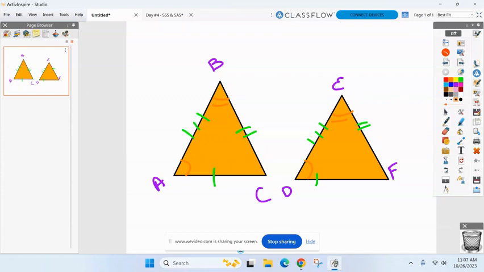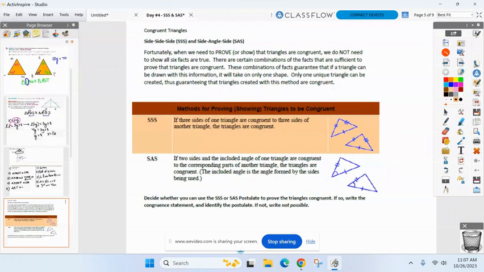Everyone good? I'm going to show you over the course of the next week five different ways to prove triangles congruent without doing all this work. Today is the first two. The first method is called SSS, an abbreviation for side, side, side.